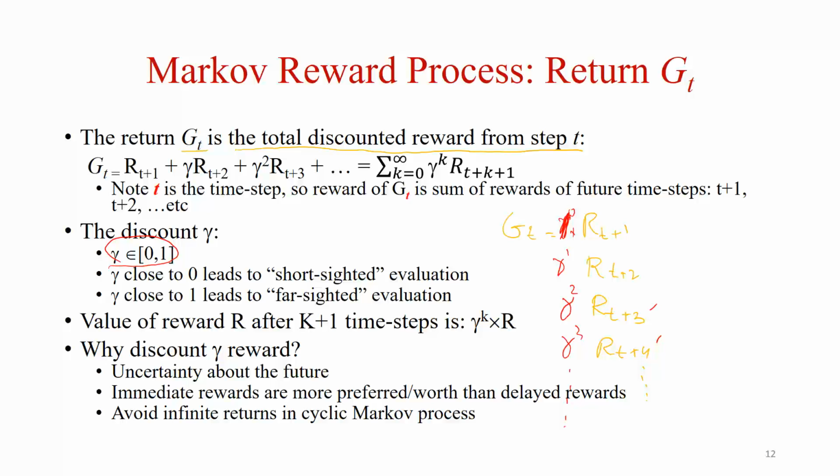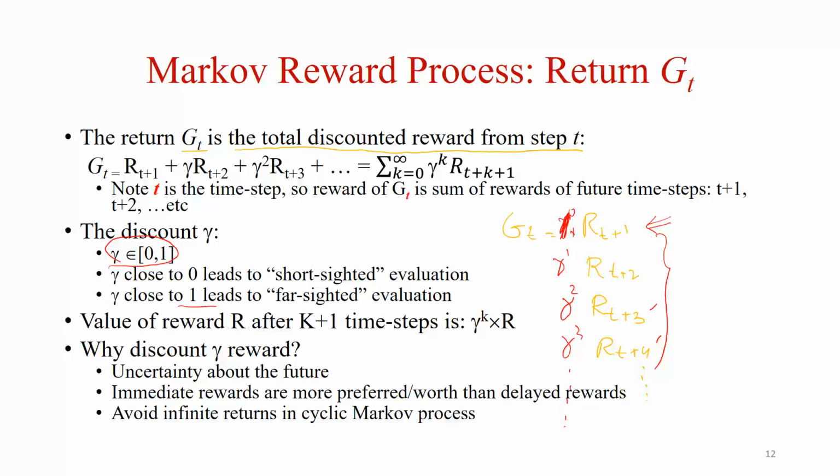So if the discount value is close to 0, we will see that we are interested in the very near future reward. But if the discount value is close to 1, we are interested really in all the rewards that are coming in the future with the same importance as the next time step reward.